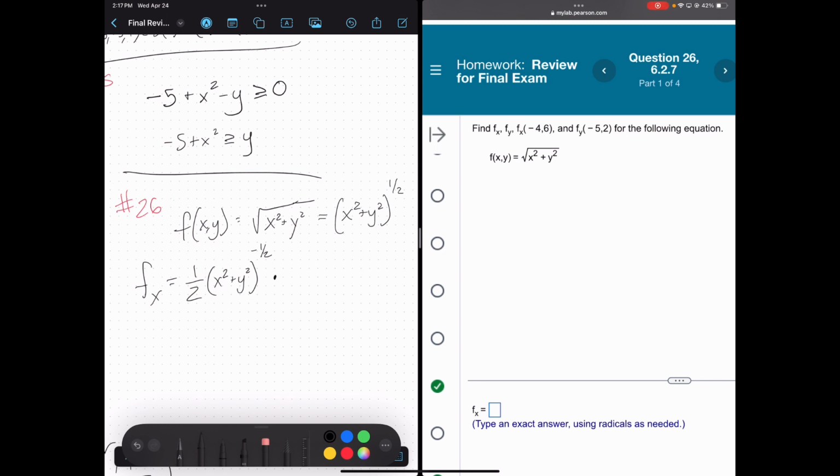Since this is f sub x, my derivative is just 2x. What happens to the y squared? It goes to 0 because it doesn't depend on x at all. Very nice. Your 2's will cancel. Any questions about these partial derivatives?